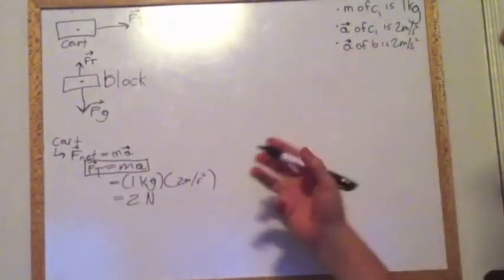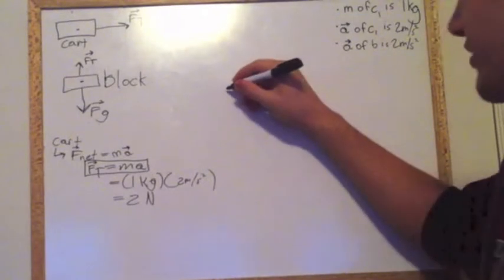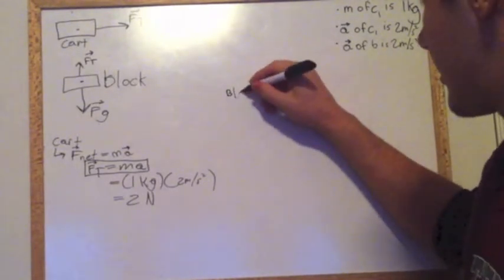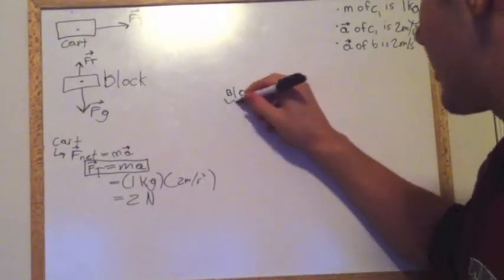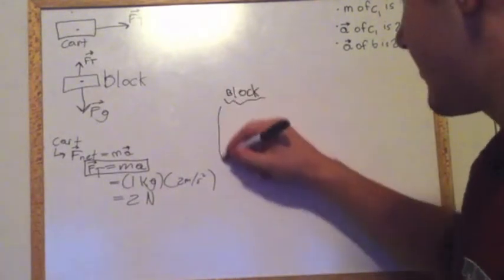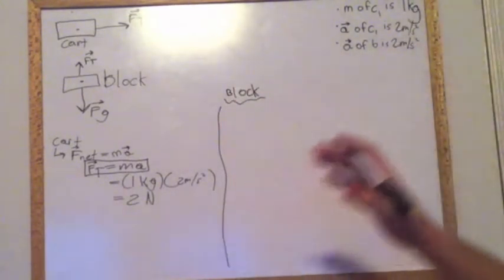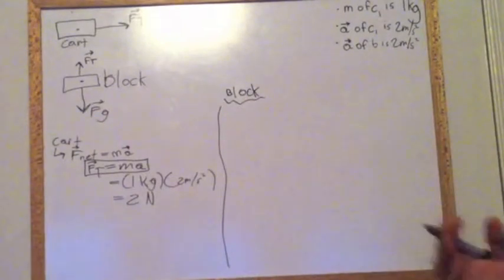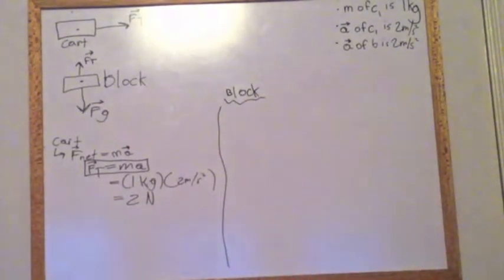And we can do so by specifying that, okay, this is going to be for the block. What we can look at now is that we can kind of assume what the formula for the block will be. Again, we're going to be working with F net equals MA, but we don't really have too many of those variables.